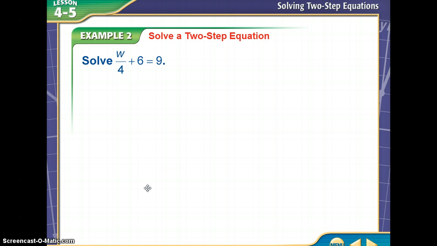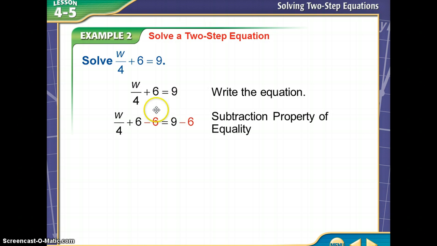Okay, this time we're going to work a two-step equation, except notice that we're dividing here. So let's see how this works. You begin by writing the equation down. Okay, you're going to subtract 6 from both sides because you want to isolate this term with the w in it. You end up with w divided by 4 equals 3.